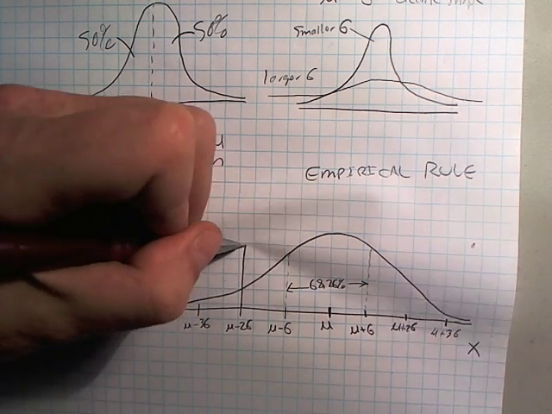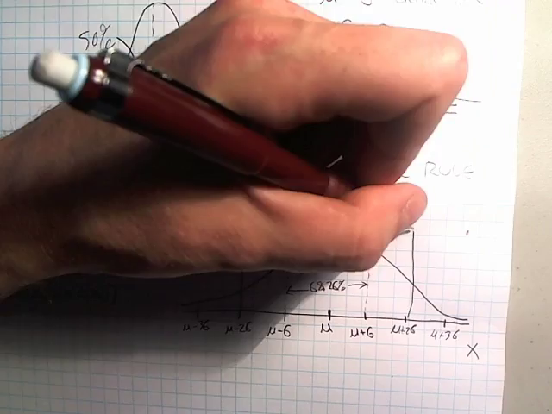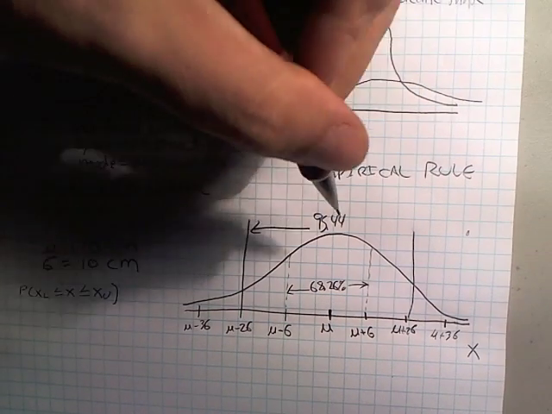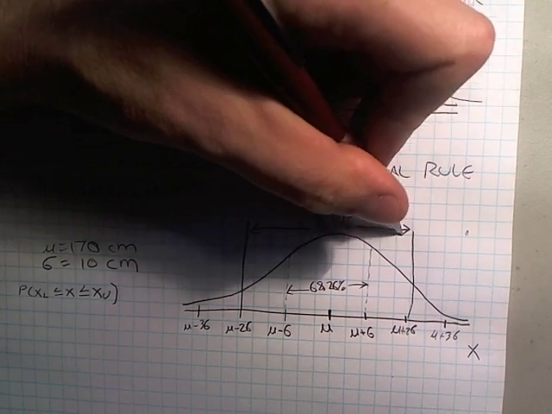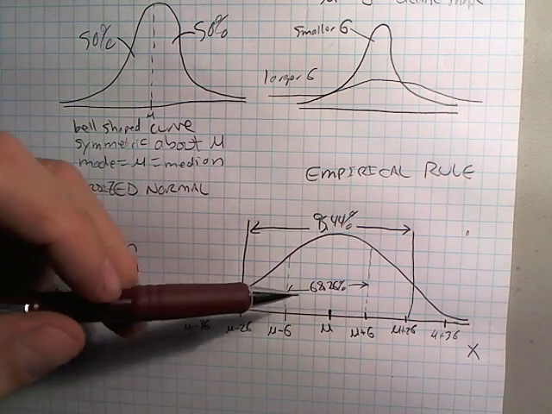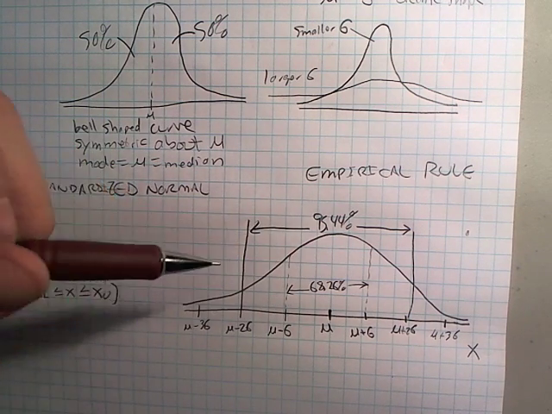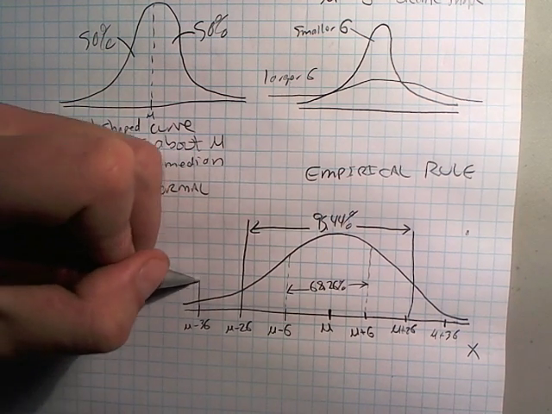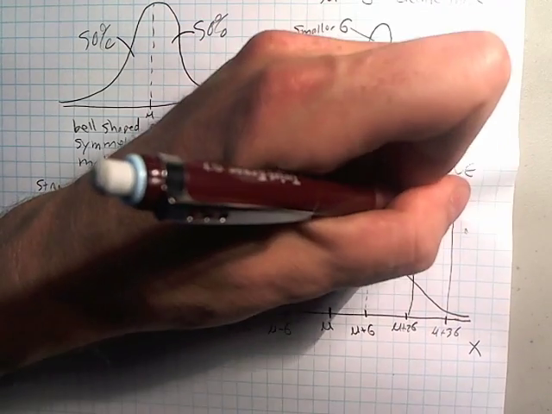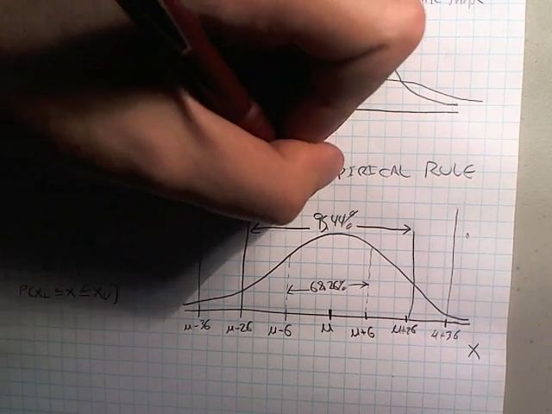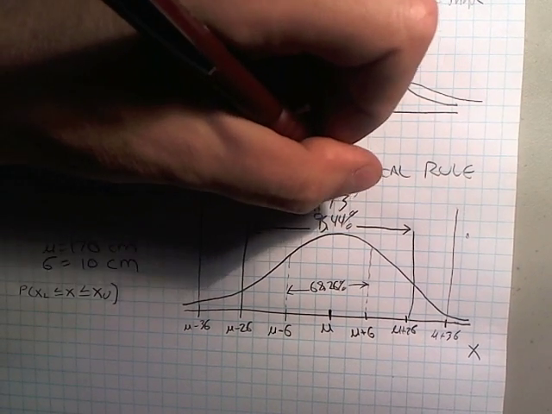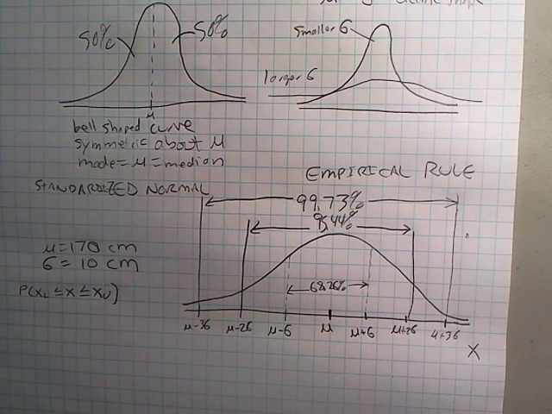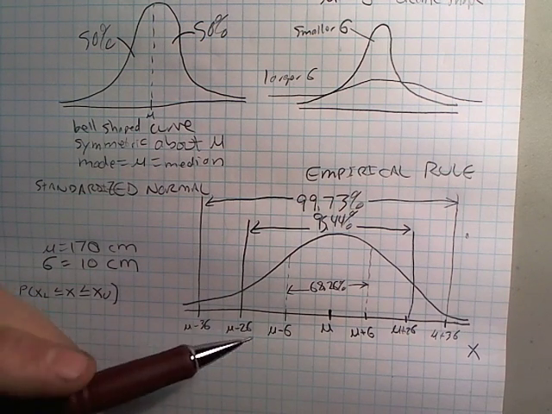Likewise, if we expand those boundaries to two standard deviations above and below, we can then say that 95.44% of all randomly selected x values will fall within that range of plus or minus two standard deviations. And then finally, at plus or minus 3 standard deviations, we could expect 99.73% of all values to fall.